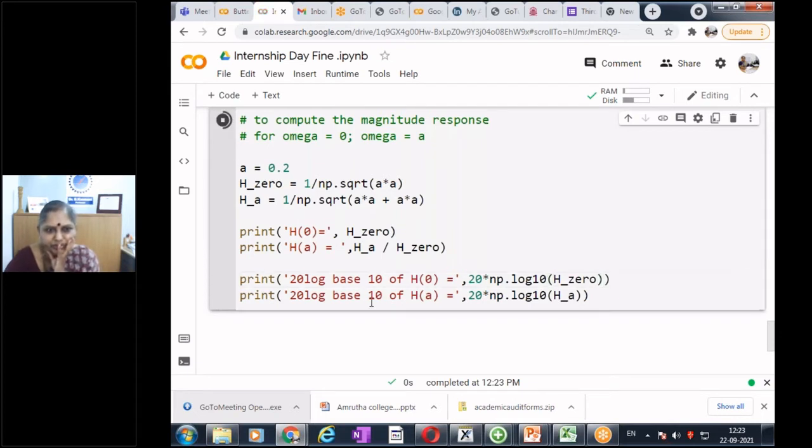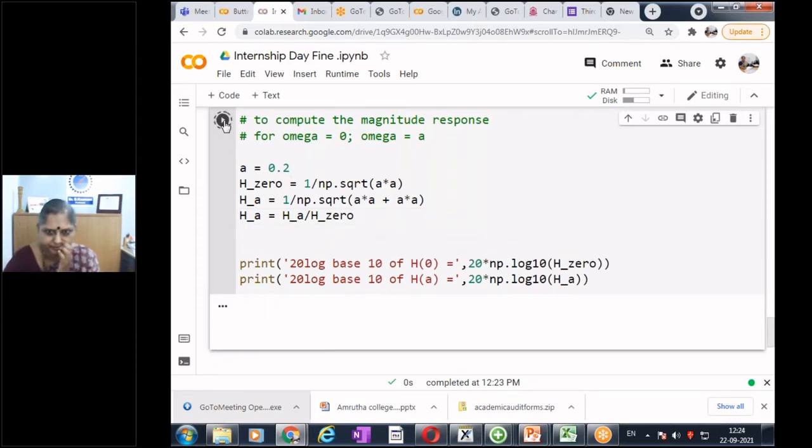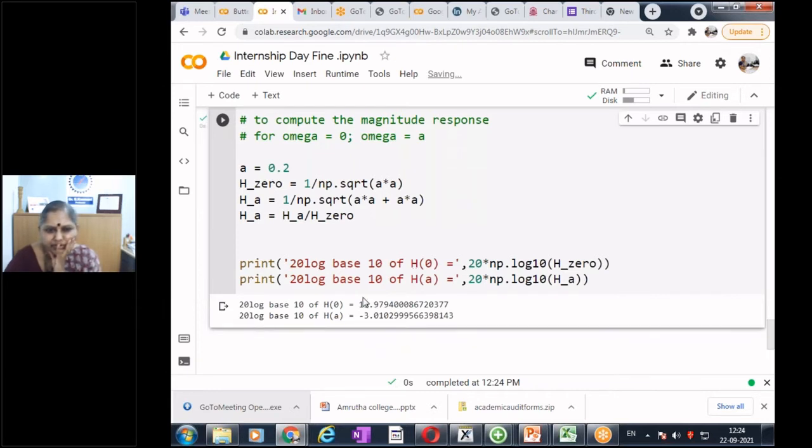So let us run it for a equal to say 0.2, and then what we find is the ratio of h of A to h of 0 is always minus 3 dB, whatever is the value of A.